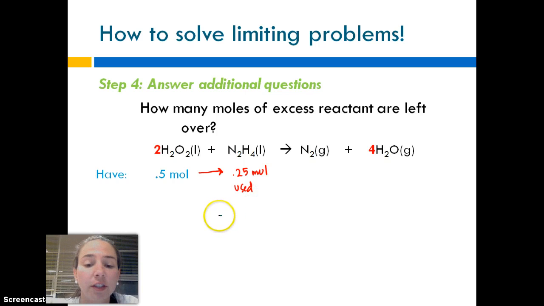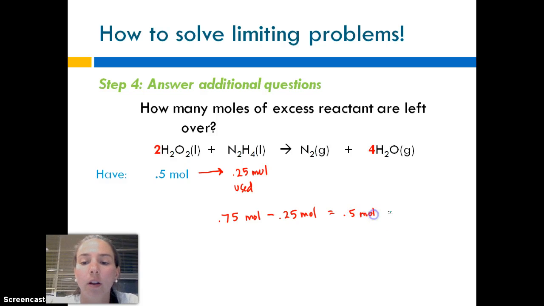But in our very first step, we said that we actually have 0.75 moles. So I'm going to subtract the 0.25 moles that we actually used to get 0.5 moles of my hydrazine. Oops, that's a 4.